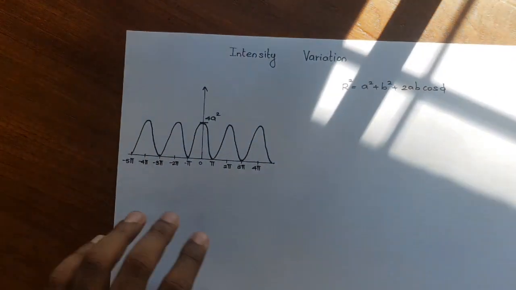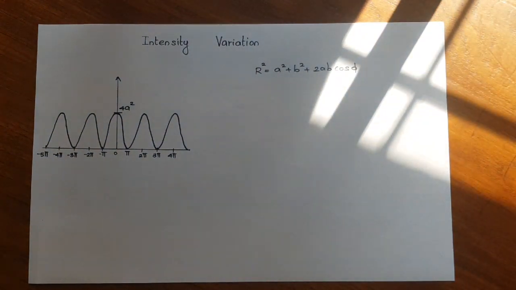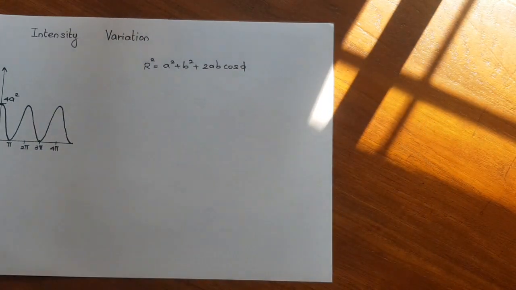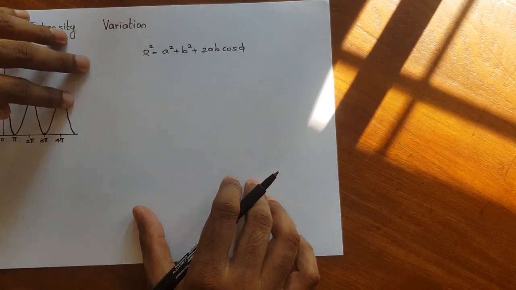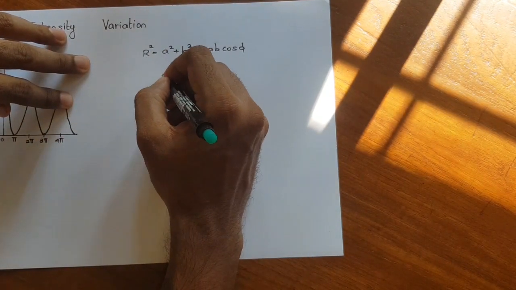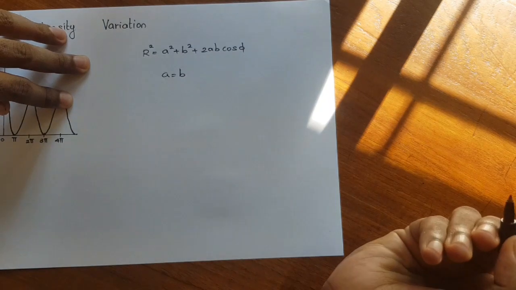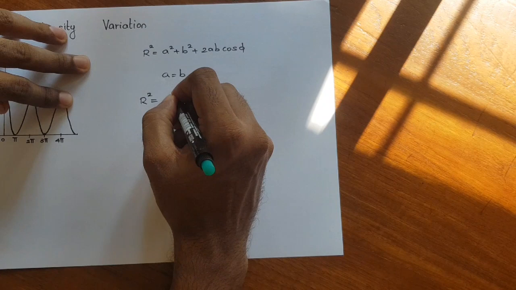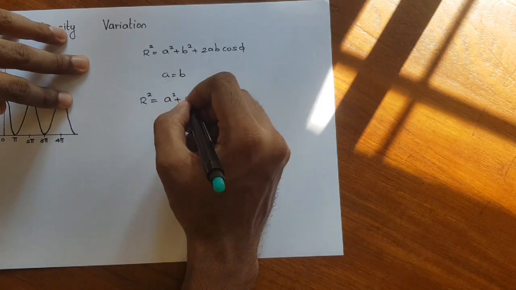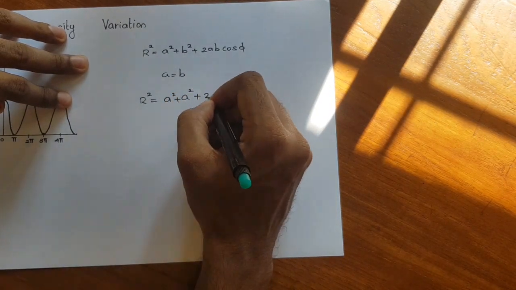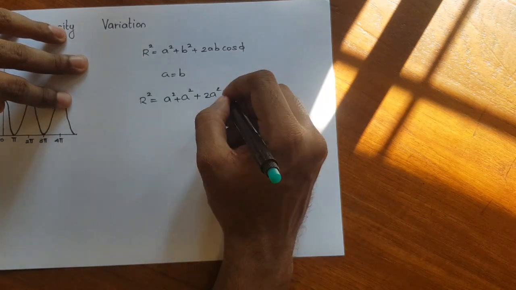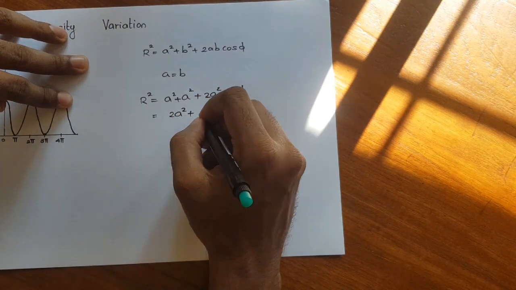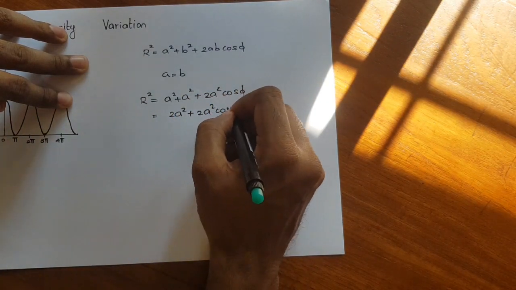So moving on to the last section, that is intensity variation. From these we can also understand the intensity variation. For that, firstly I am assuming the amplitudes of the waves to be equal. Suppose A equal to B. I am taking the amplitudes of the waves to be equal. So R square can be written as A square plus A square plus 2A into A cos phi, that is 2A square plus 2A square cos phi.